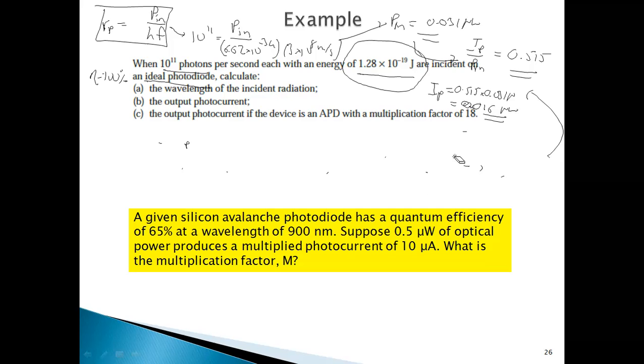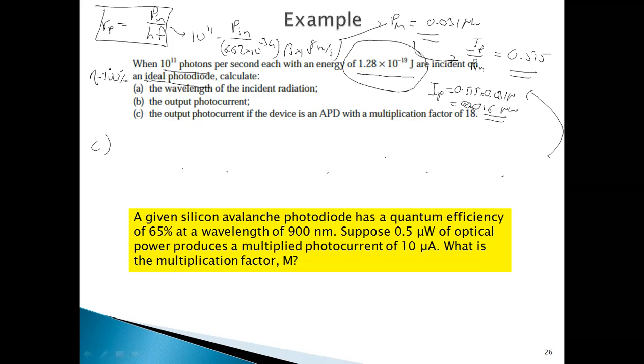So let us proceed with part C, where the device is now an APD with multiplication factor of 18.